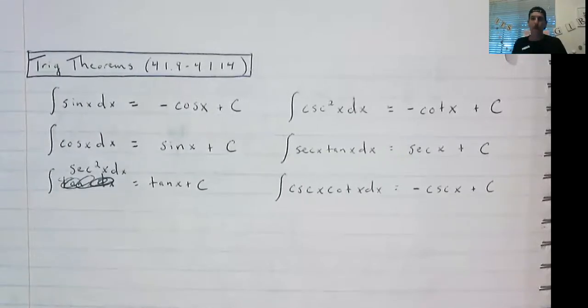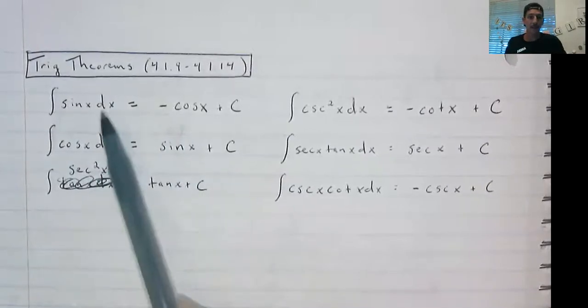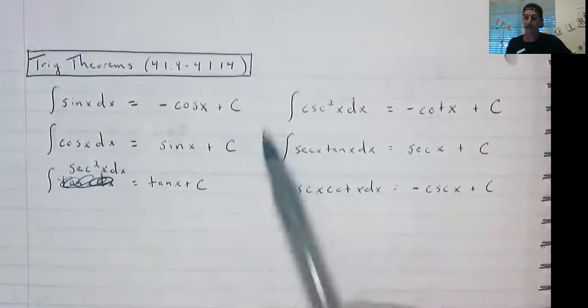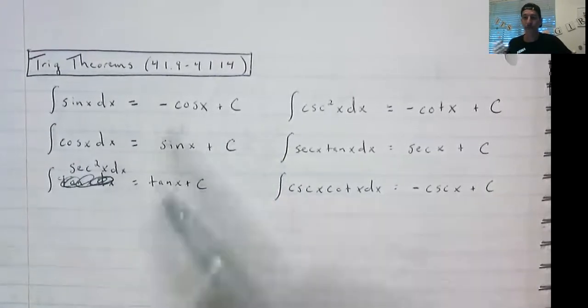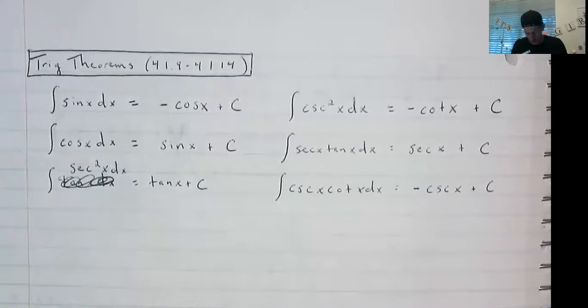Basically the game that we're going to play in some of these examples is just seeing if we can identify these 6 expressions which have easy antiderivatives. Actually, we're going to do 3 trig examples, kind of like an easy, medium, hard, and we'll see how they progress. There is a table on page 321 with some common trig identities that will probably help us as we move through these.